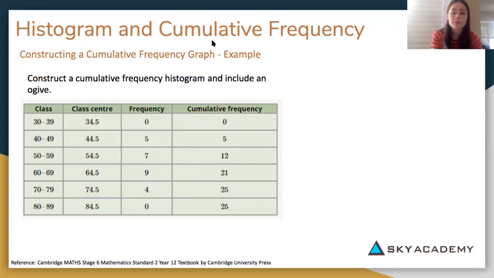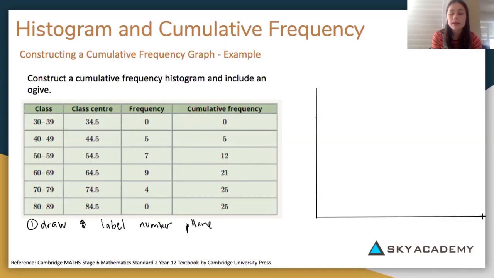So our first step would be to draw our number plane and label it. So that's what I'm going to do here. Here is going to be my y-axis and here is going to be my x-axis, and I need to label them.